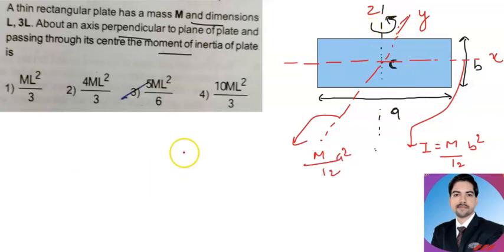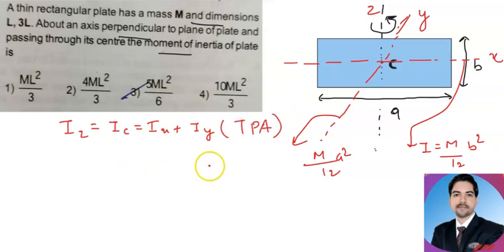About the z axis, which is asked by the question, that is the moment of inertia of the whole plate about the center, or the axis passing through the center and perpendicular to the plate, it is the sum of the moment of inertia about x plus the moment of inertia about y. That concept comes from the theorem of perpendicular axis.